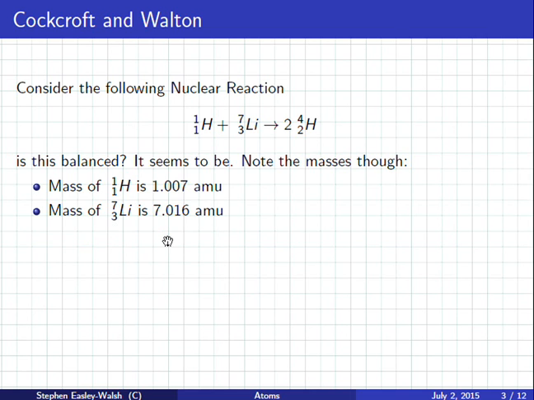So can you add these together and get me the mass here? 8.023 AMU. Now the mass of helium is 4.002. And how many of these do I have? 2.